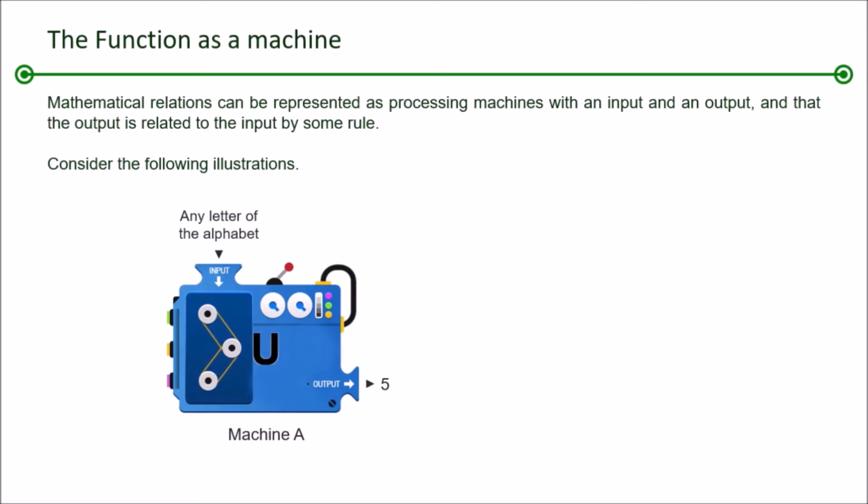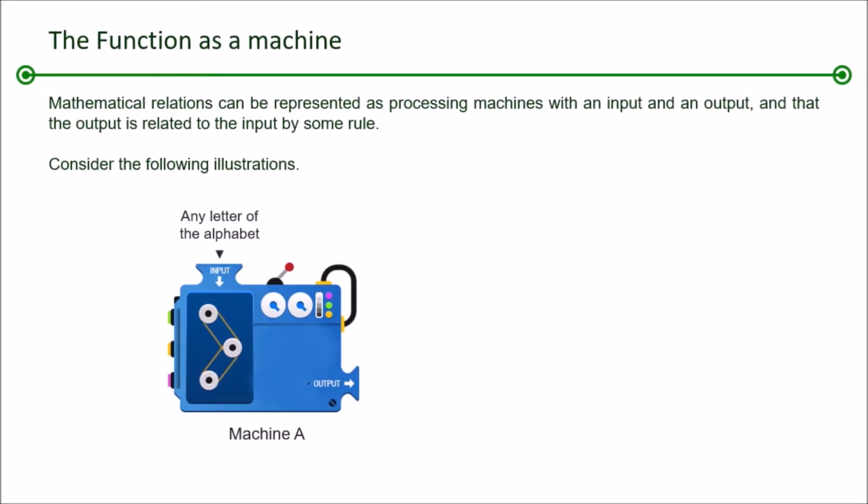For this round, machine A selects the letter U and produces the output 5. It is now clear that the rule the machine employs to produce the output is: whenever the machine selects a vowel of the English alphabet, the output is the number of vowels. Otherwise, if a consonant is selected, the output is the number of consonants.